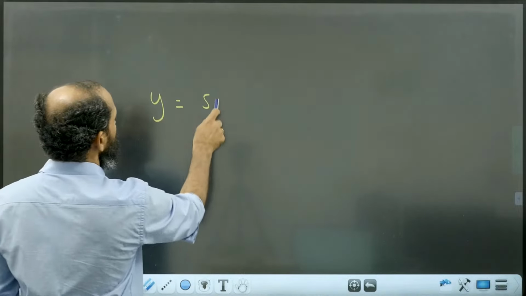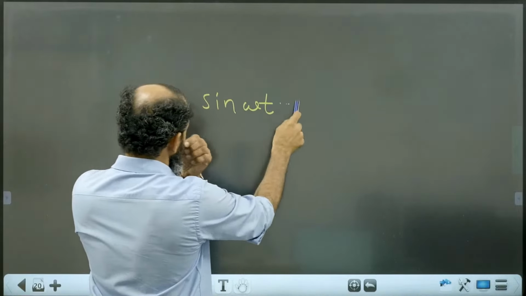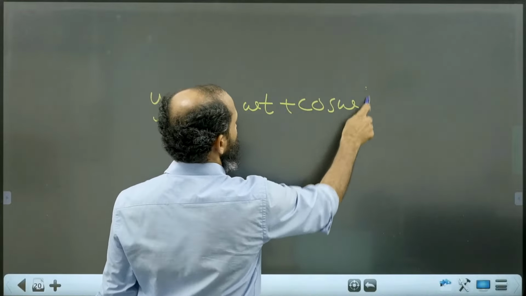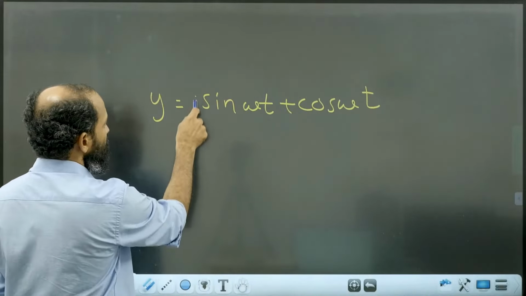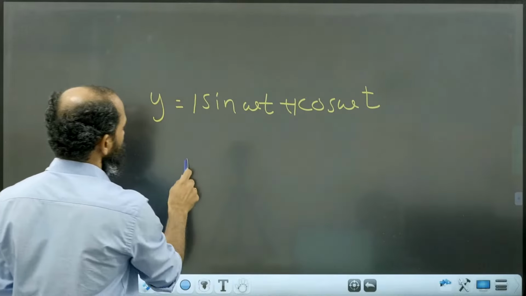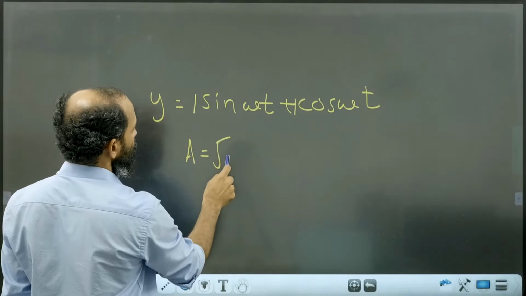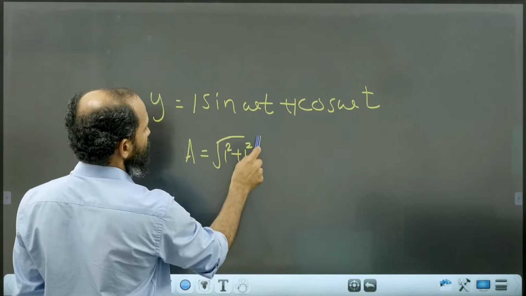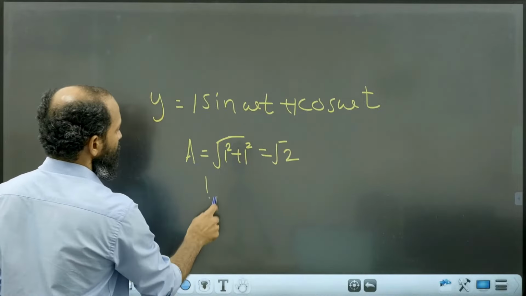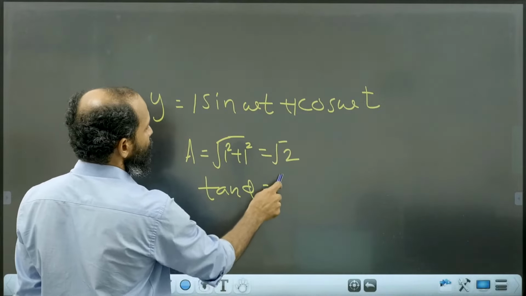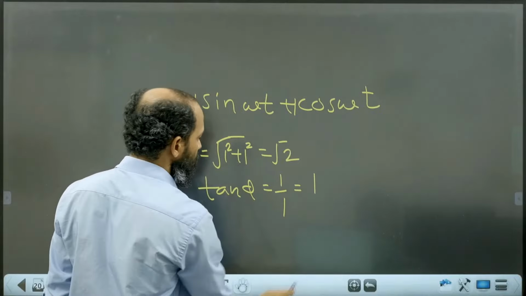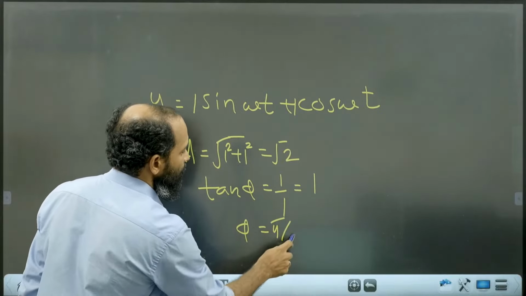One more example. If you write y is equal to sin omega t plus cos omega t, then the coefficient of sin and cos is 1. So the resultant amplitude is root of 1 square plus 1 square, that is equal to root 2. So tan phi equal to B by A, 1 by 1 is equal to 1. So phi is equal to pi by 4.